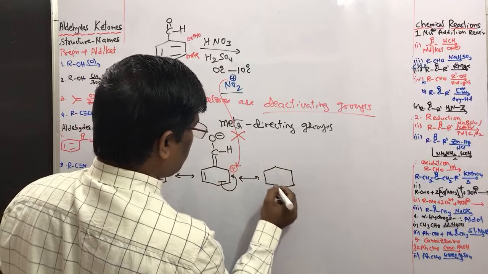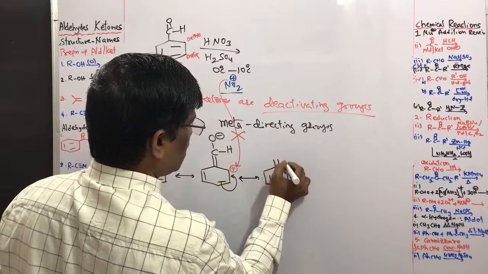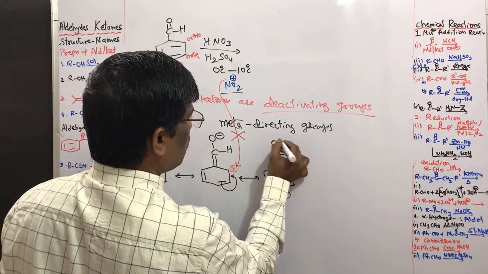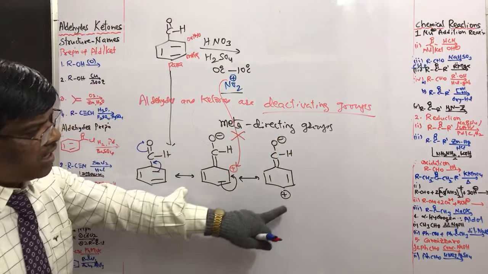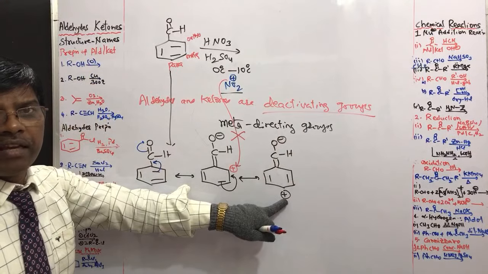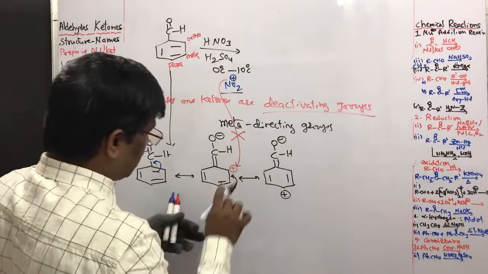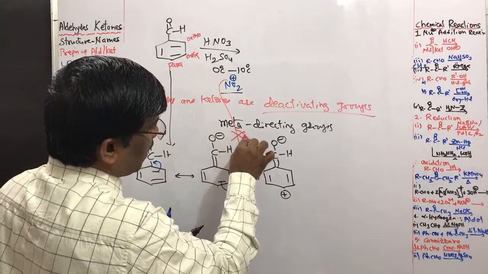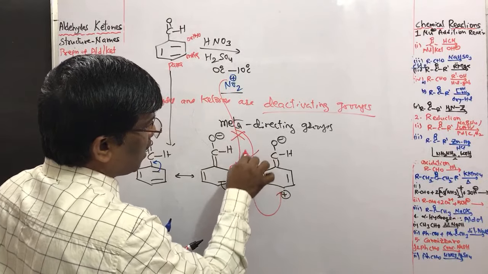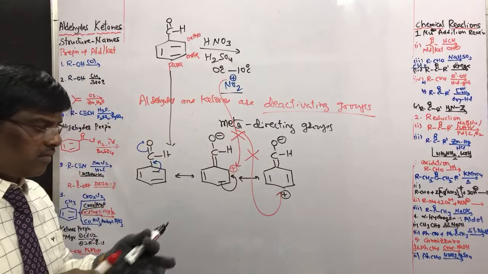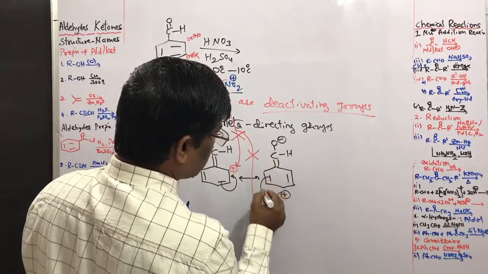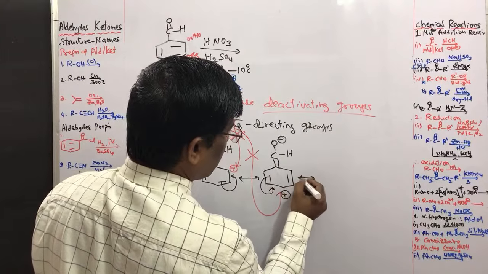Further, resonance stabilization takes place to form the para position positive, double bond, hydrogen, O minus. So the carbocation is formed at the para position. The electrophile is not going to attack at the para position also. Further it is going to form on this side.